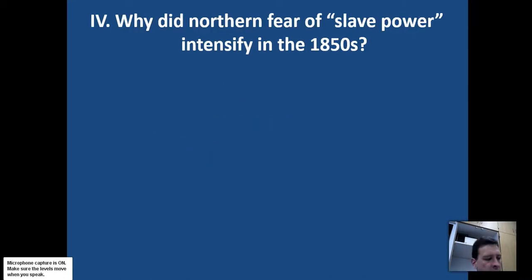Northern fear of slave power intensified in the 1850s for a number of reasons. First of all, mostly having to do with Kansas. With the Kansas and Nebraska Act allowing settlement of Kansas, there was a huge advertising campaign in both the North and South to promote settlement into Kansas and Nebraska, to come there from the free states or the slave states.